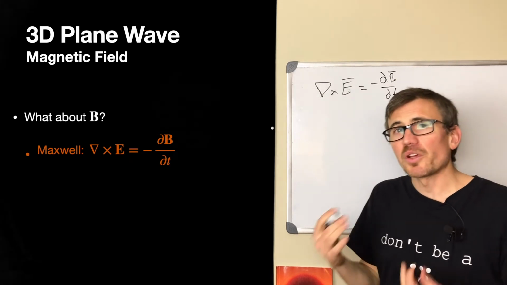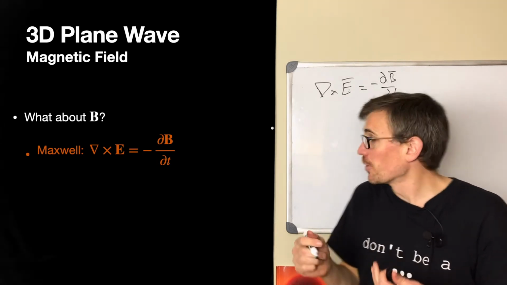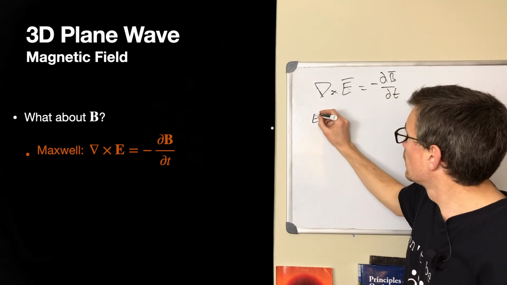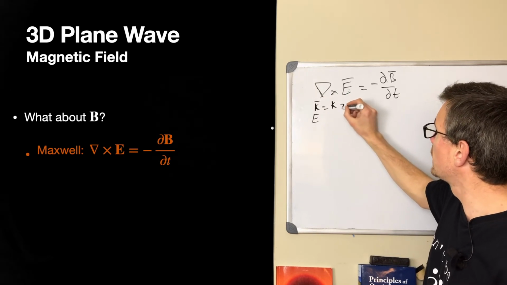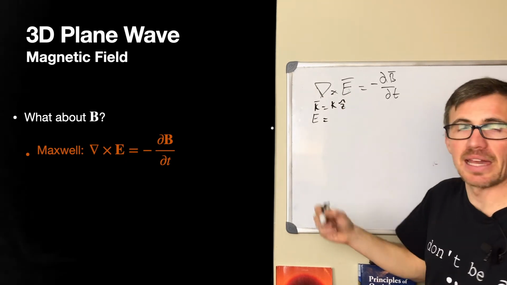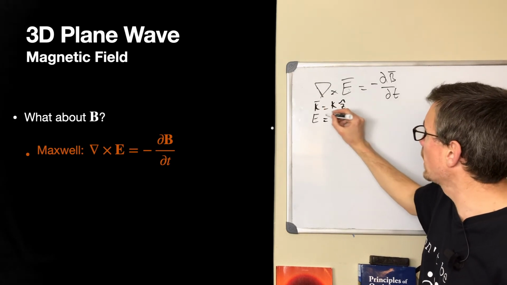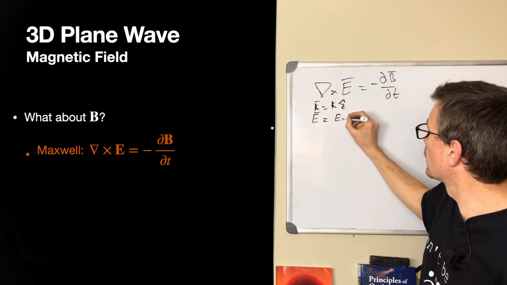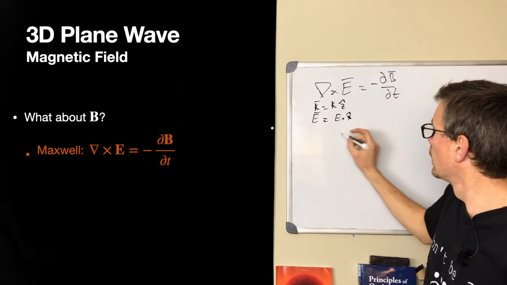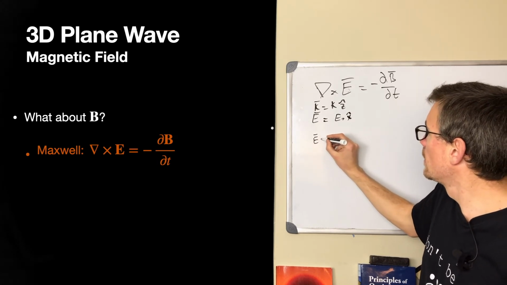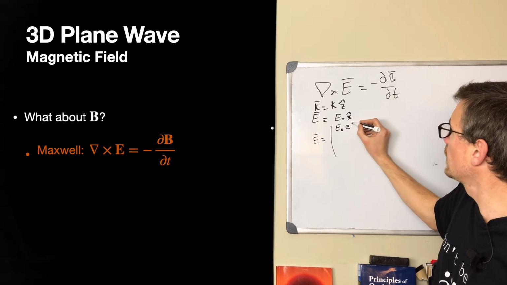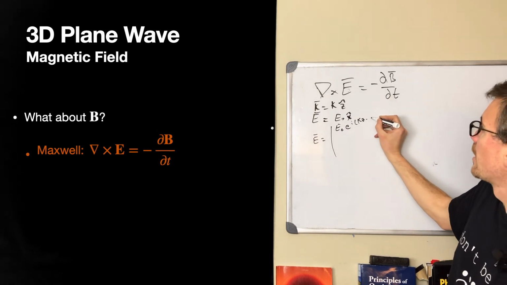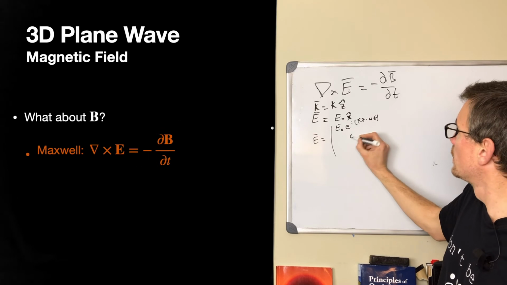Let's just make our lives a tiny bit simpler. Let's let k be in the z direction, and E is in the xy plane. We'll just call that direction x, E naught x. So E is equal to E naught e to the i(kz minus omega t), 0, 0.